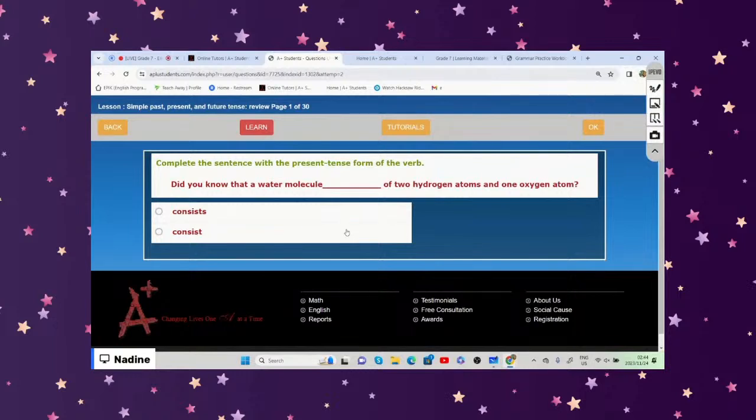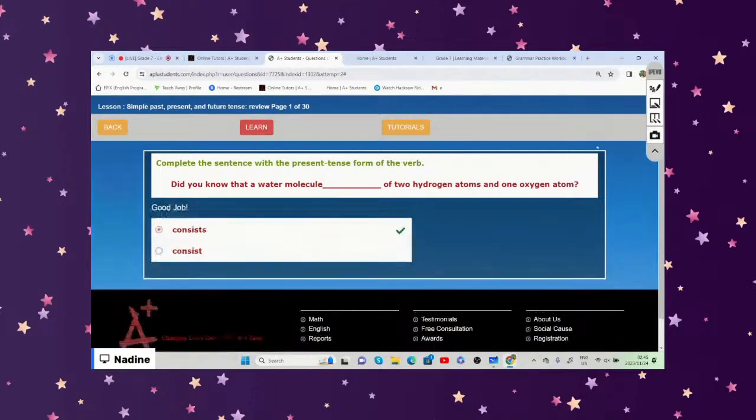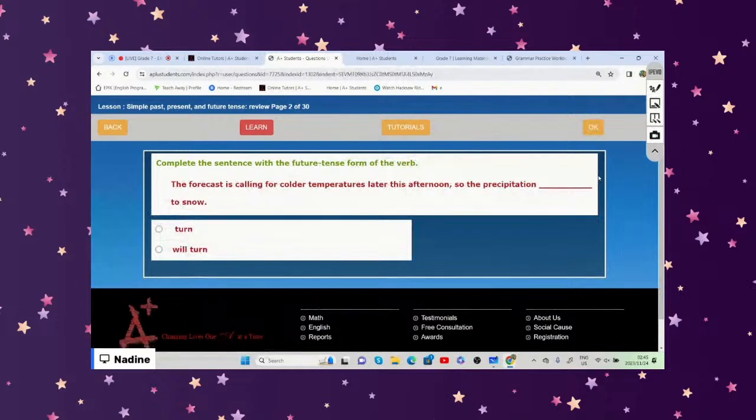So do we say consists or consist? Let's go with consists of 2 hydrogen atoms and 1 oxygen atom. Yes. And the forecast is calling for colder temperatures this afternoon.